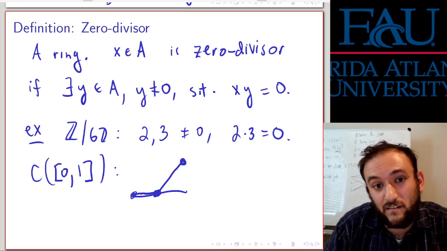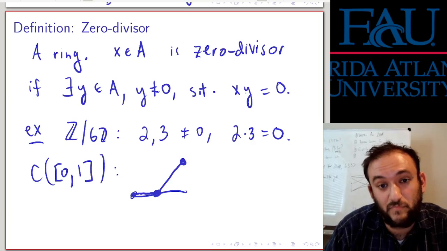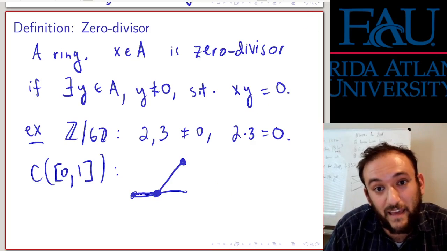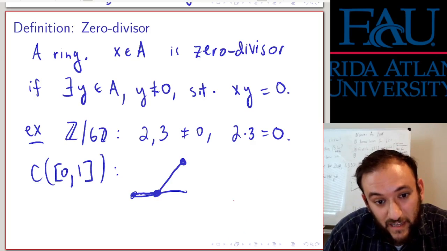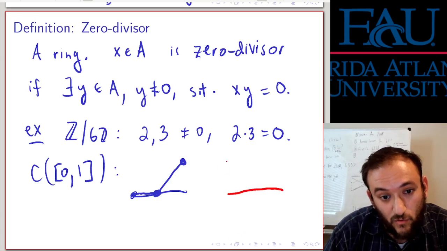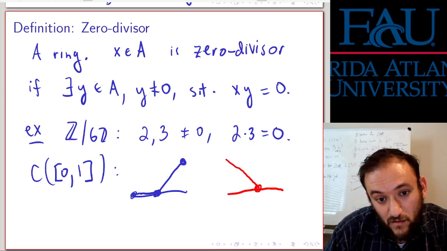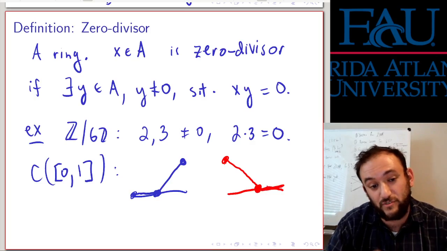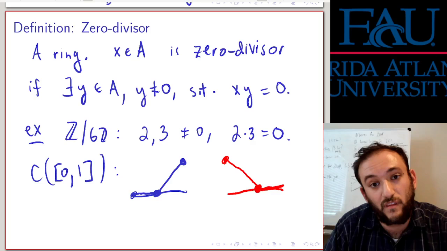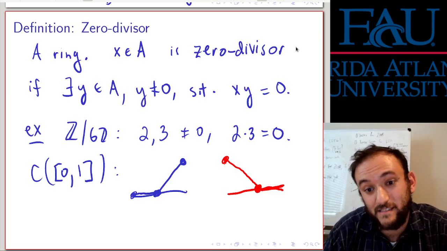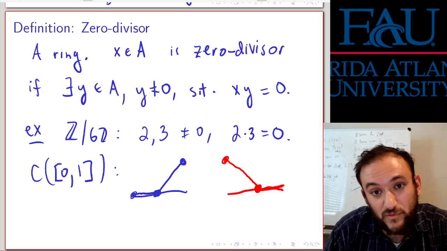And this is a zero divisor, because if I were to multiply it by a corresponding function where you have the support entirely complementary to the support of the other function, then when you multiply them together pointwise, you'll get 0. So these are both zero divisors.